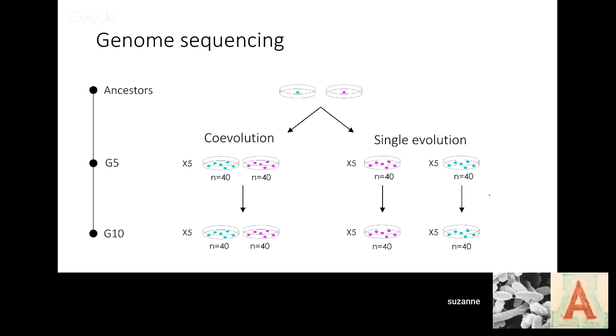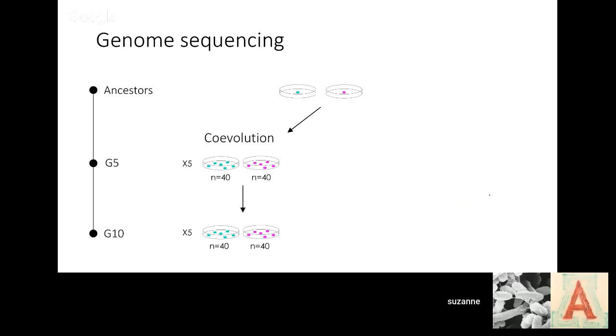In each of these treatments at these generations, we took 40 clones from each of the 5 replicate lines and we pooled them. So this basically means that we have a population sample of each replicate line from each treatment, from each species at generation 5 and 10.